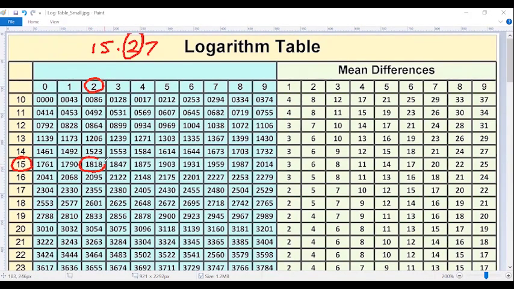I will write this number, 1818. Then for this 7, I will go to the mean difference column, and in the same row I will add this number 20 to it. So I got 1818 and I got 20. I will add these two, and 1818 plus 20 gives me 1838.